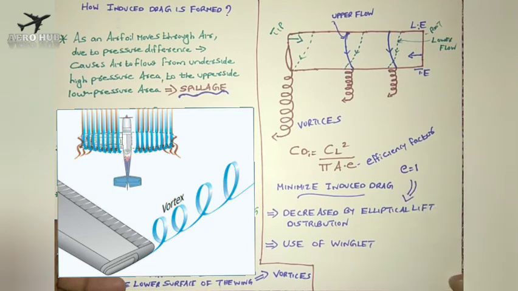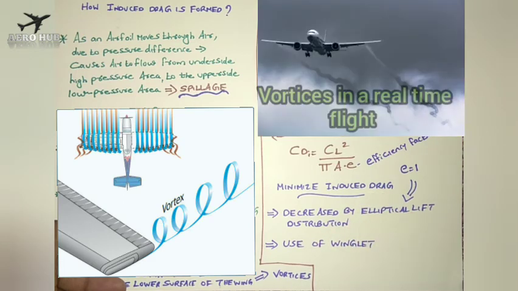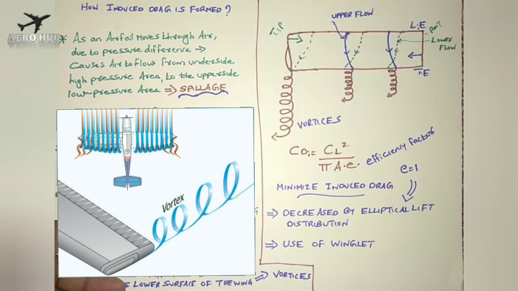One of the important criteria to reduce the induced drag is elliptical lift distribution, and we can also use something called winglets. You can search the web about winglets. By using winglets, we can reduce the amount of vortex formation.